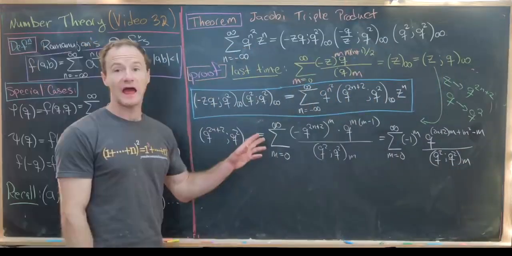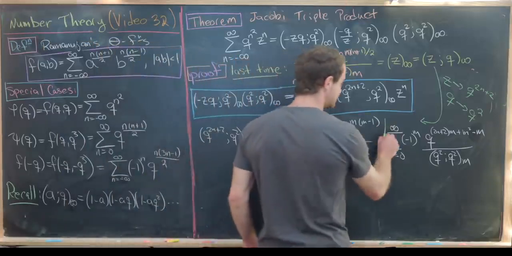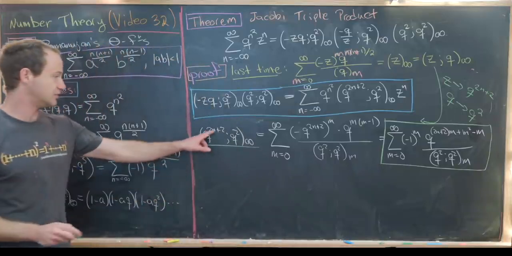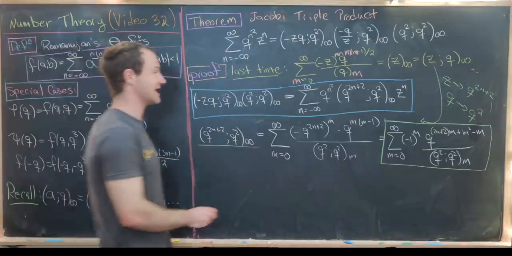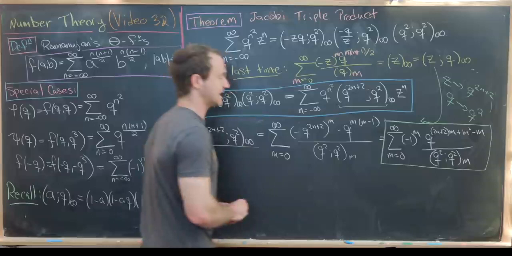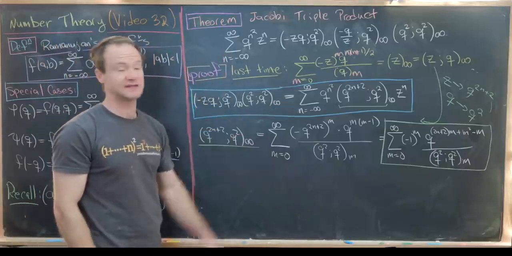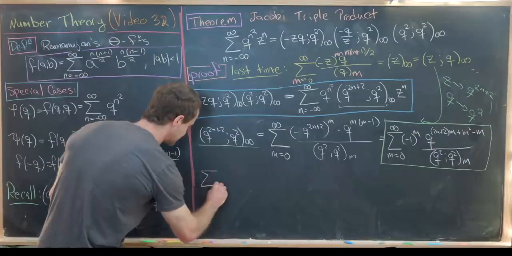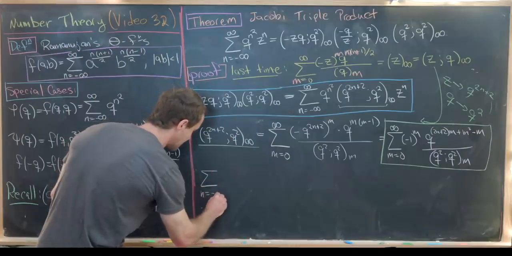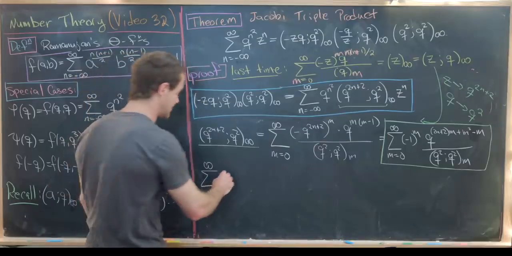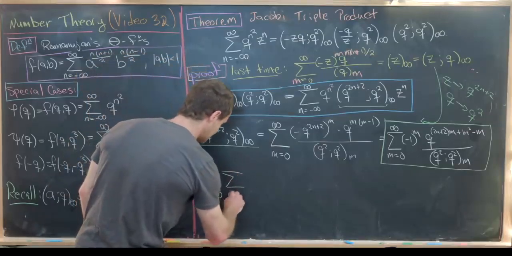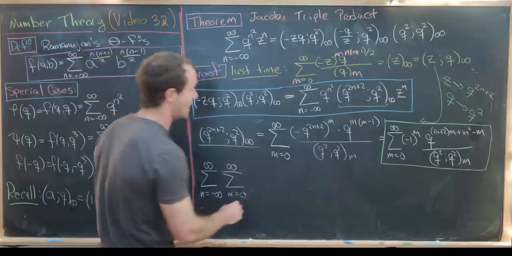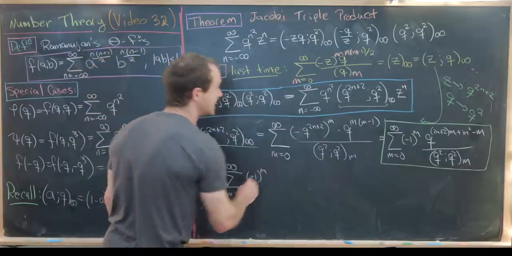Okay, nice. And then from here, we will put this expression, which we have developed for this q to the 2n plus 2, into this right-hand side of our blue boxed equation, which is kind of our current point. So let's see, that's going to give us this sum as n goes from minus infinity to infinity of the sum as m goes from 0 up to infinity of minus 1 to the m.